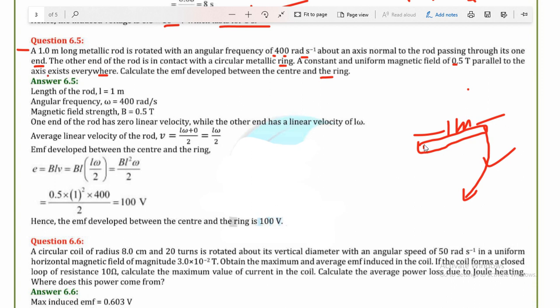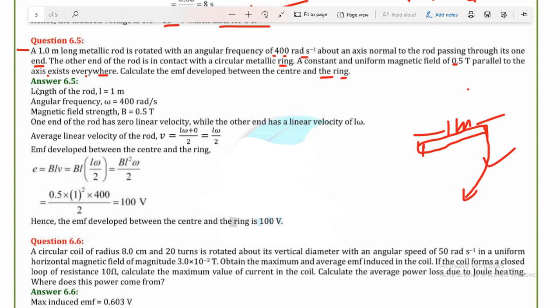So let this one be the end from where this axis is passing. The other end of the rod is in contact with the circular metallic ring. A constant uniform magnetic field of 0.5 Tesla parallel to the axis exists everywhere. So calculate the EMF developed between the center and the ring.